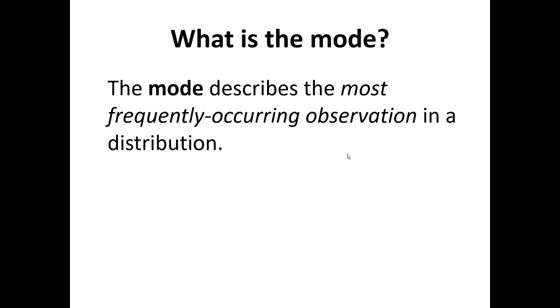As opposed to the bins that we saw in the histogram, remember those bins were 10 years wide. In this case, if we're looking for the mode of the age of these houses, it would be what age occurs the most.